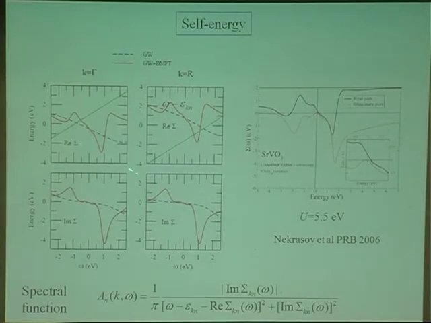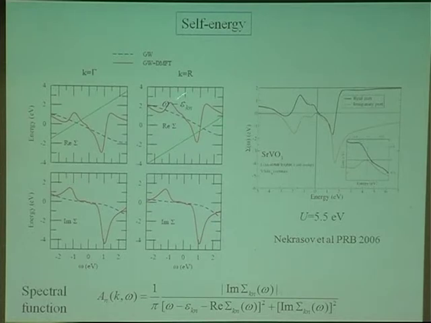The main difference between the GW self-energy and the GW plus DMFT self-energy is this very strong structure coming from the impurity self-energy that is missing in GW. Actually, the GW self-energy also has a structure like this, but at much higher energy.